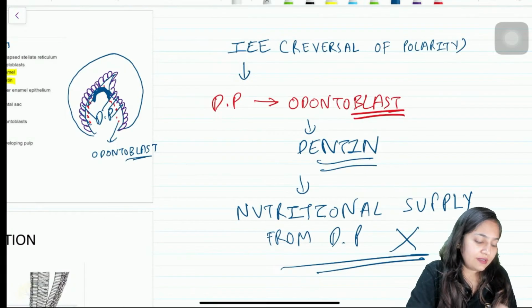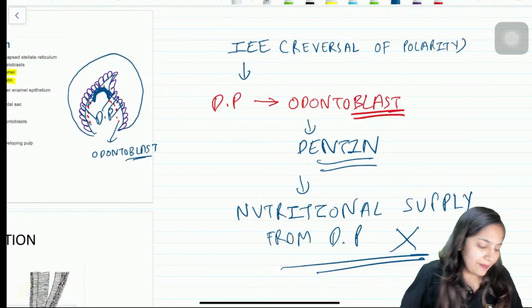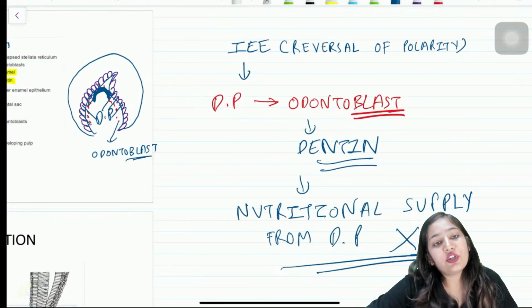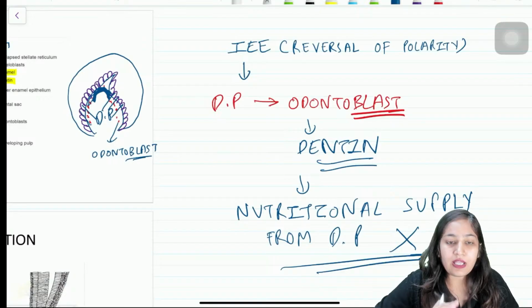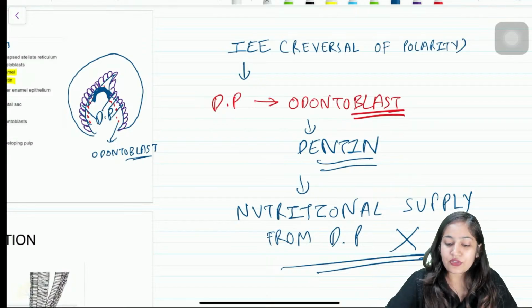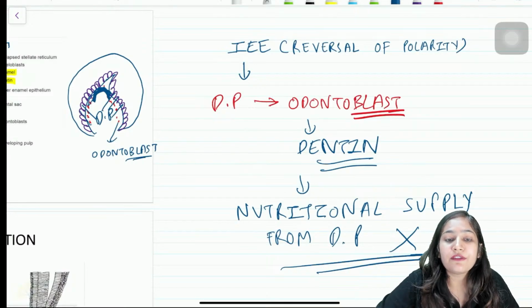Can anyone say? We have one more ectomesenchymal structure here. Which is that structure which can provide nourishment? In tooth germ, we have enamel organ, dental papilla and dental sac, right? So now the nourishment will be from which structure?